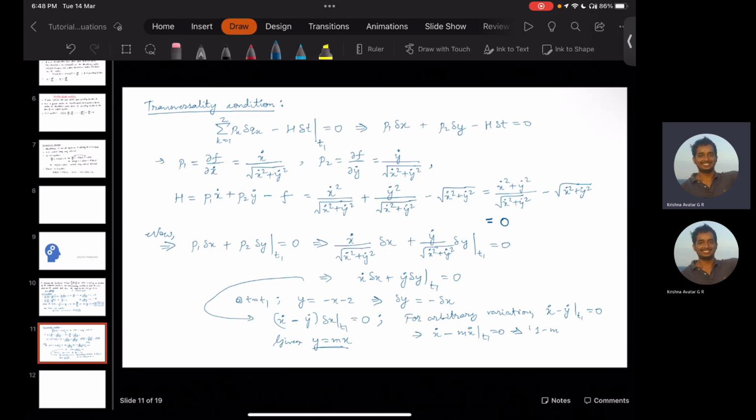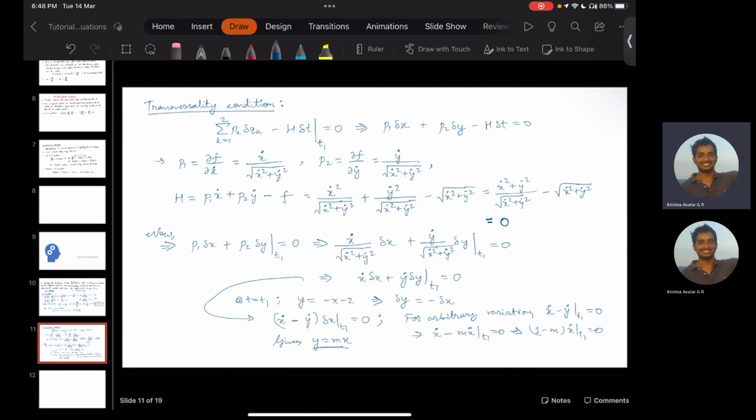And then this gives 1 minus m times x dot is equal to 0, again for general x dot. For a general curve x dot will not be 0 always, right? That's one way of looking at it.